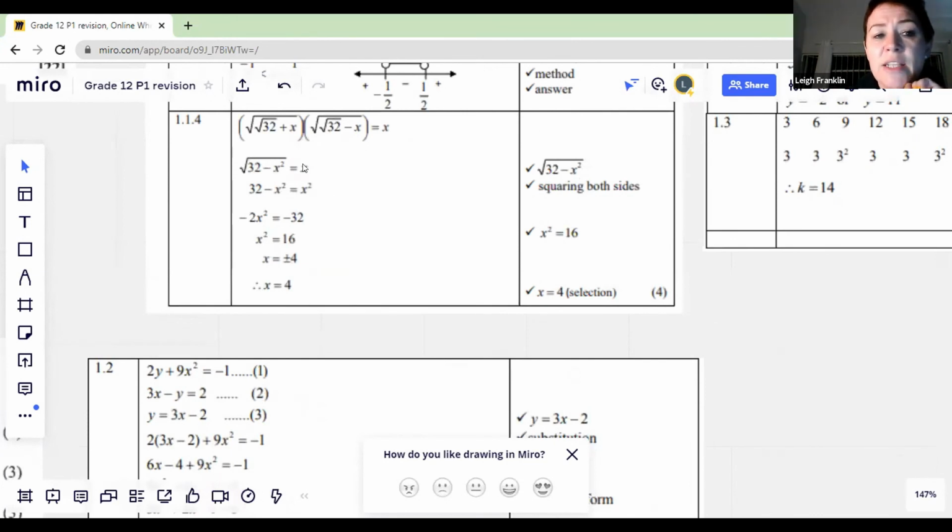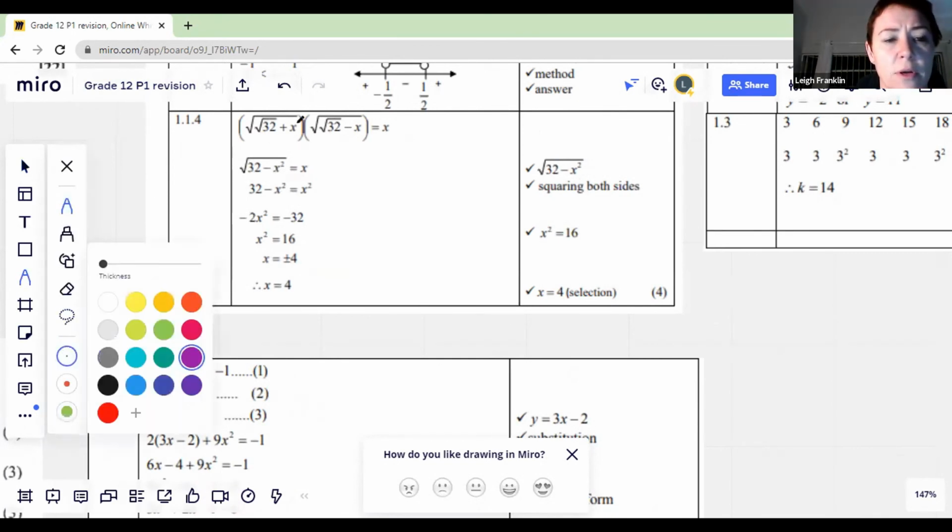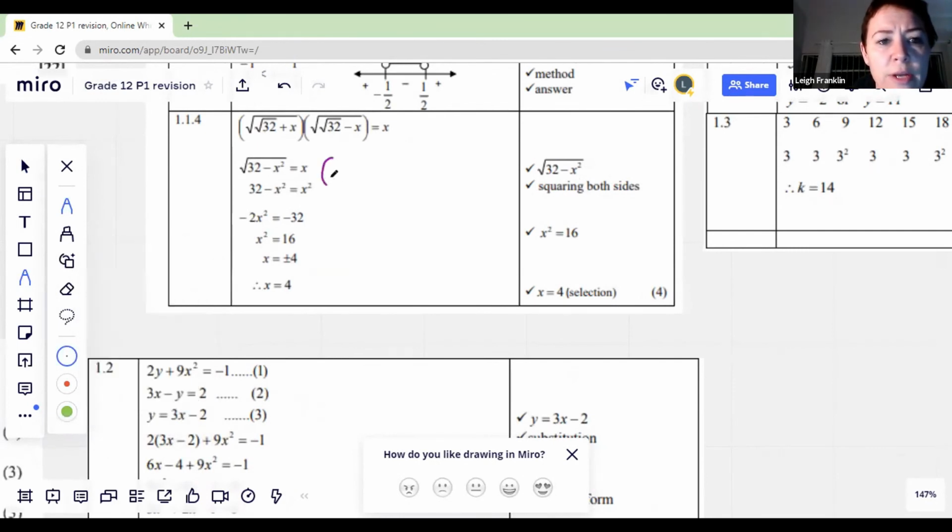-4 didn't work. Did you remember that when you subbed in over here, you've got negative? So you'd end up on your calculator with a bracket with a root over it, and then another root over here, and then that would be 32. And then that would be -4, close brackets.